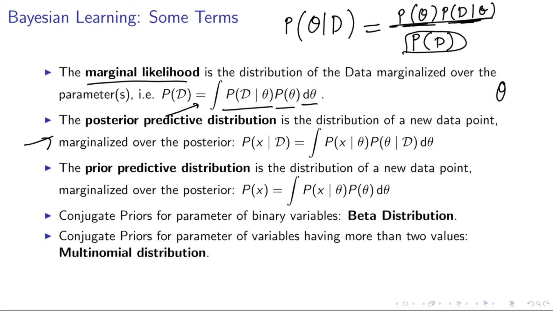In the Bayesian context, you have to compute this so-called posterior predictive distribution, which is the probability of generating a new point given the data set, which is nothing but the integral of p of x given theta times the posterior. Another way of looking at this is as the expected value of x, a new data point, with respect to the posterior.